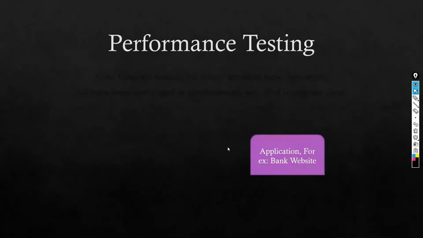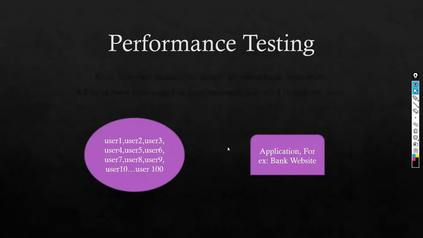Let's say that there is a bank application, and what is the peak time of a bank? Let's say around 10 a.m. or 11 a.m. in the morning. Let's assume that around then, 100 people are accessing the bank application online. So here I have mentioned user 1, user 2, user 3, and so on till user 100.